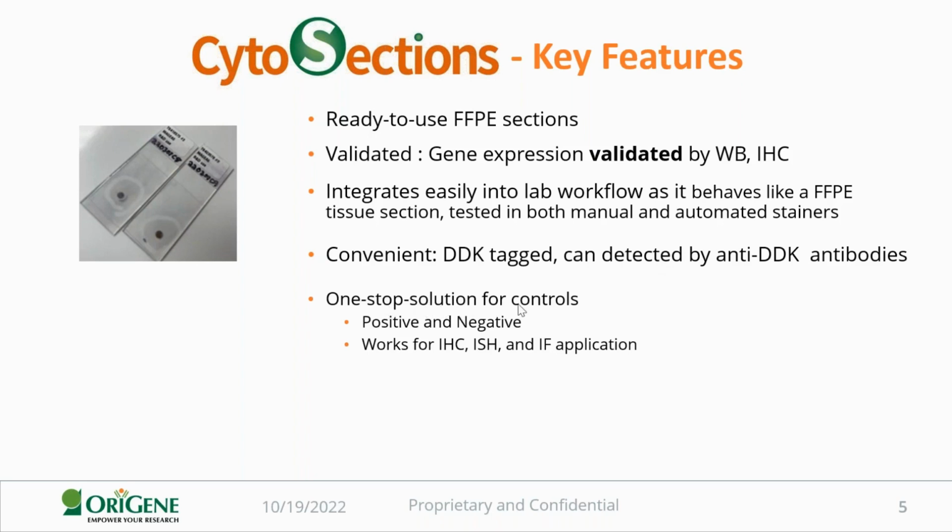CytoSections are a one-stop solution for controls. You can get positive control as well as negative control. In addition, it also works as a control for all different applications like IHC, ISH, and immunofluorescence. It's available for all human targets: wild type, mutant, and splice variants.